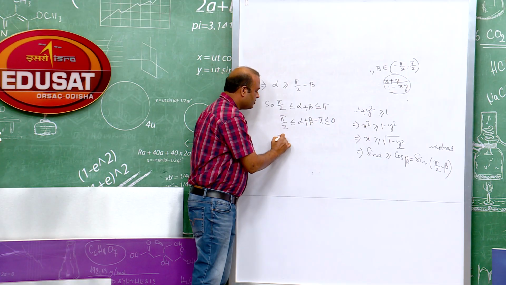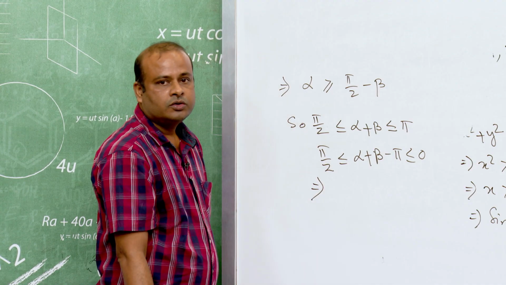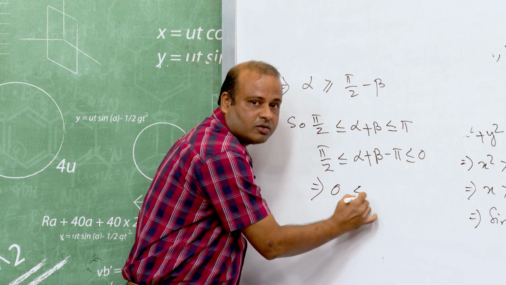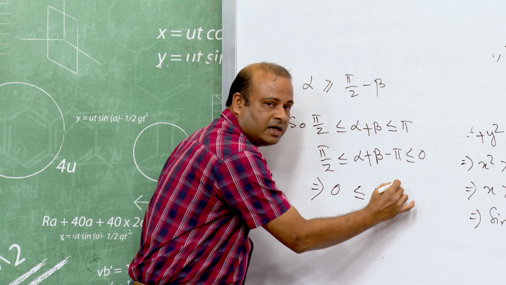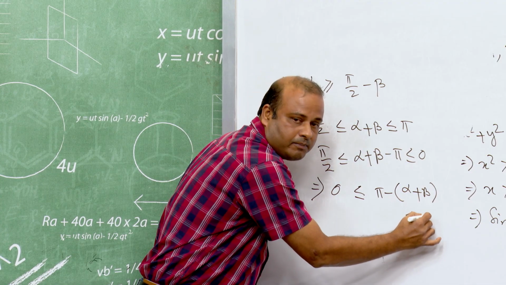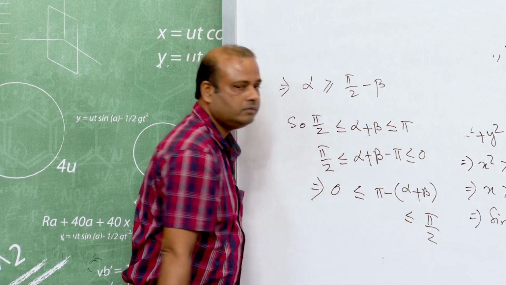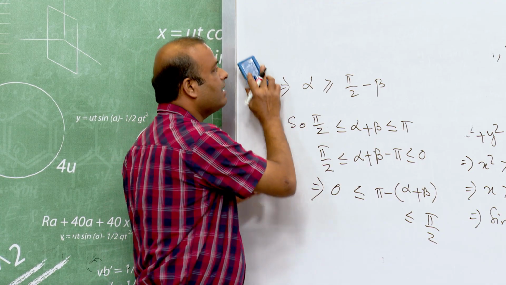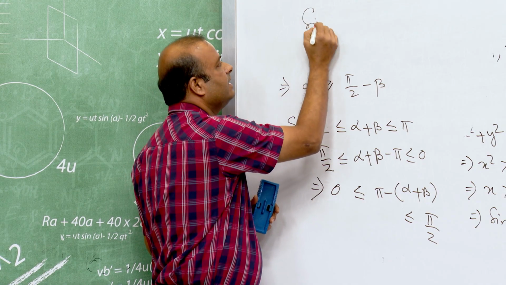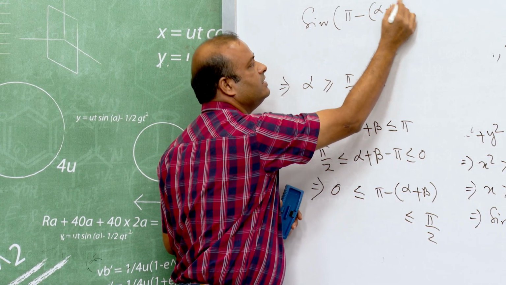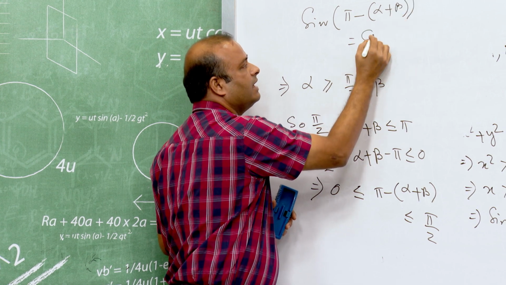So this implies 0 less than equal to pi minus (alpha plus beta) less than equal to pi by 2, right?